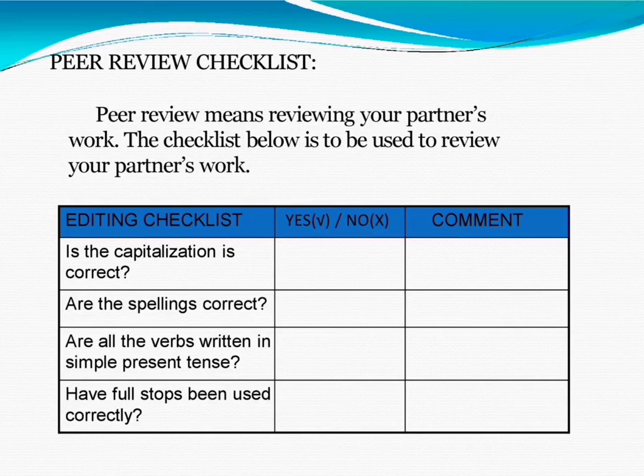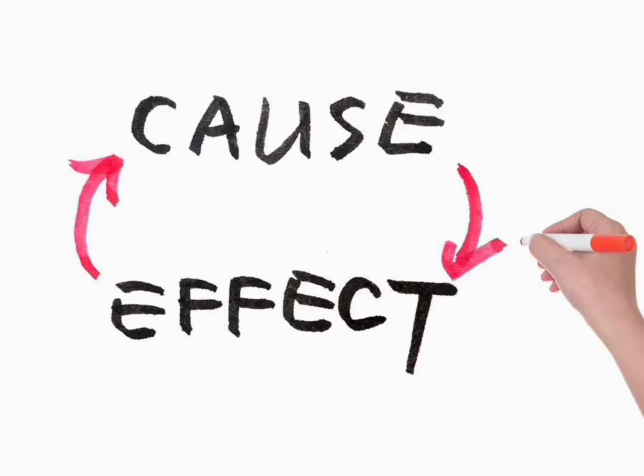So our next topic is cause and effect. In our daily life, so many events happen, and every event is important. There is a reason and also a result for everything. The reason behind the event is known as cause, and the result we get through the event is known as effect.